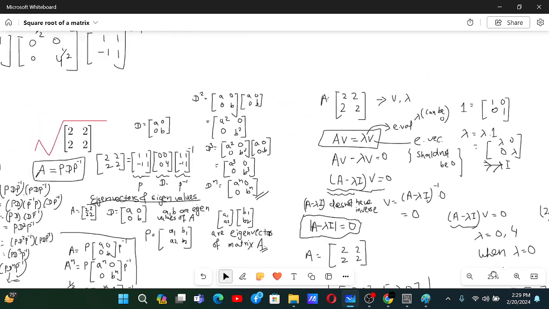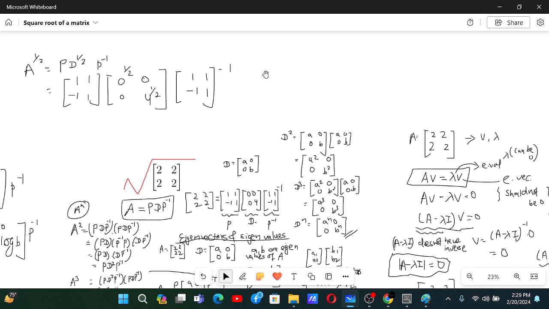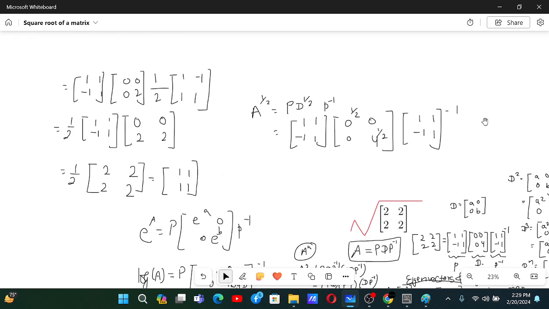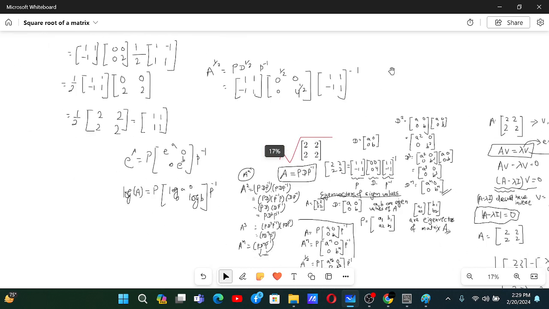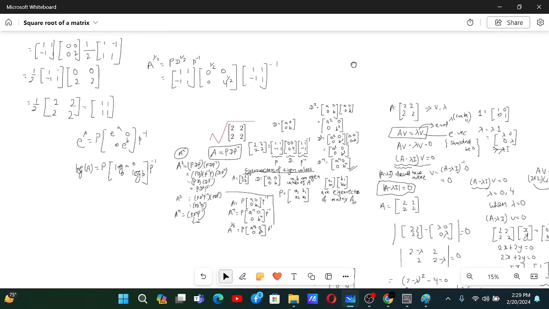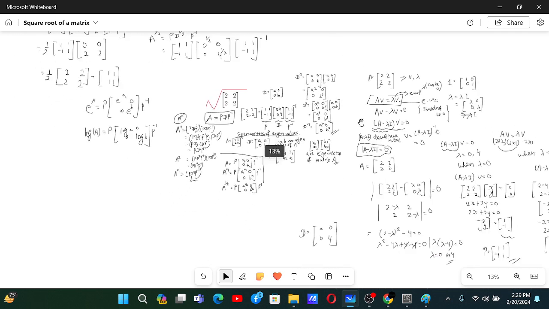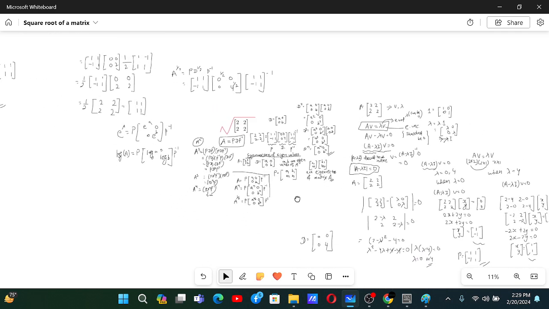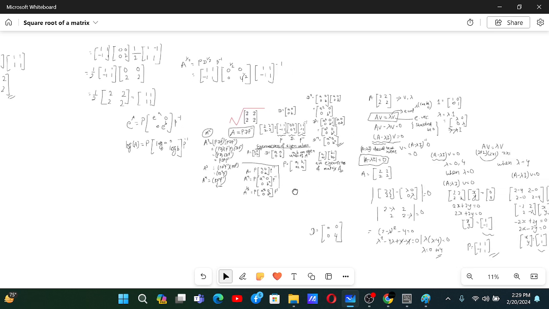After finding eigenvalues and eigenvectors, we had our P and D, and then we found the inverse, multiplied, and we got the square root. So this was all about finding the square root. This captures it all, and you can take a screenshot if you want.